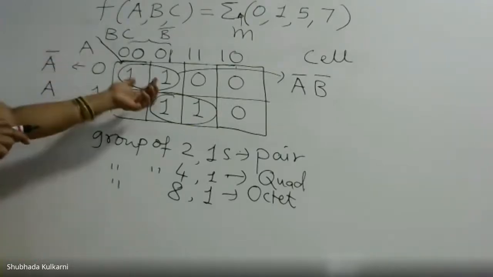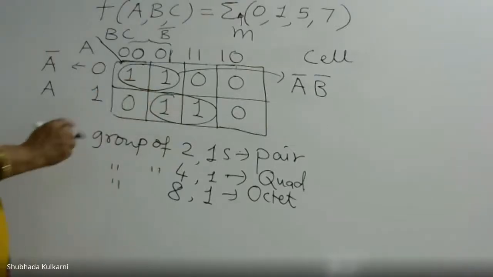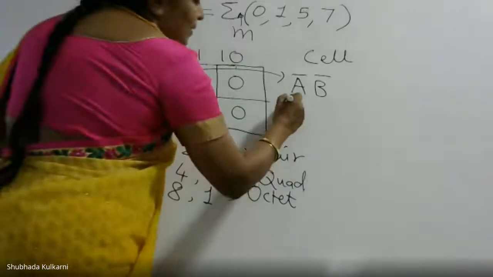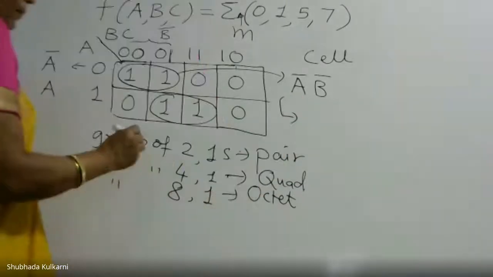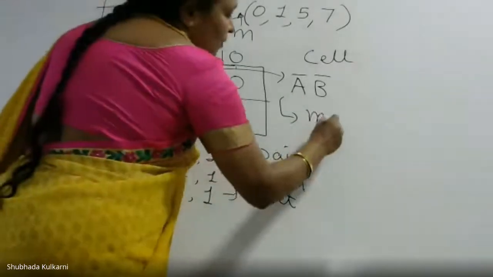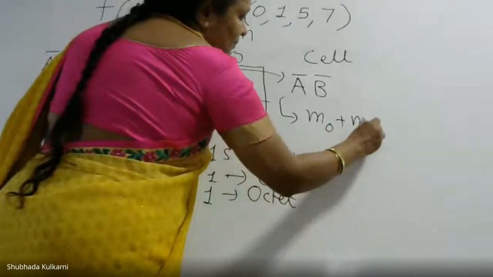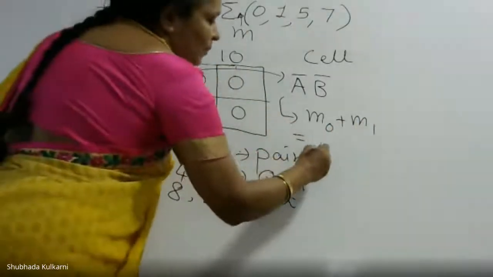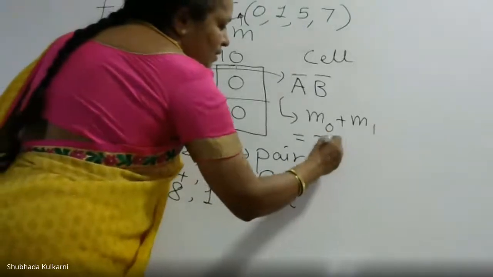Now, if you want proof of how we got this directly, I can show. Which are the min terms? 0 and 1. So I will write F is equal to min term 0 plus min term 1. Is it visible, madam? Okay. Min term 0 will be A bar, B bar, C bar.